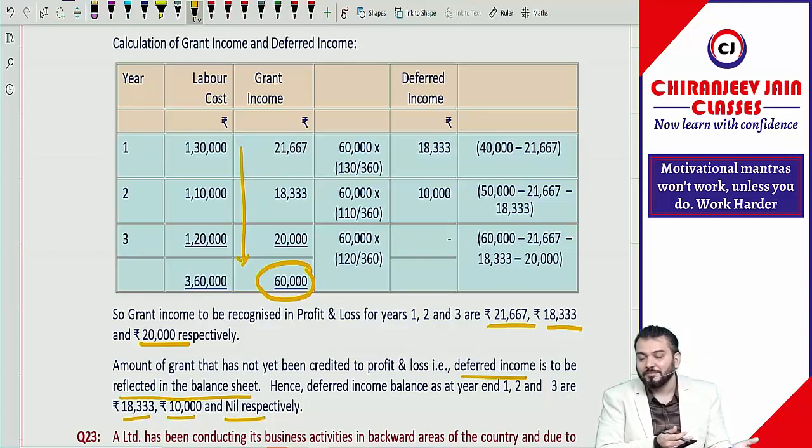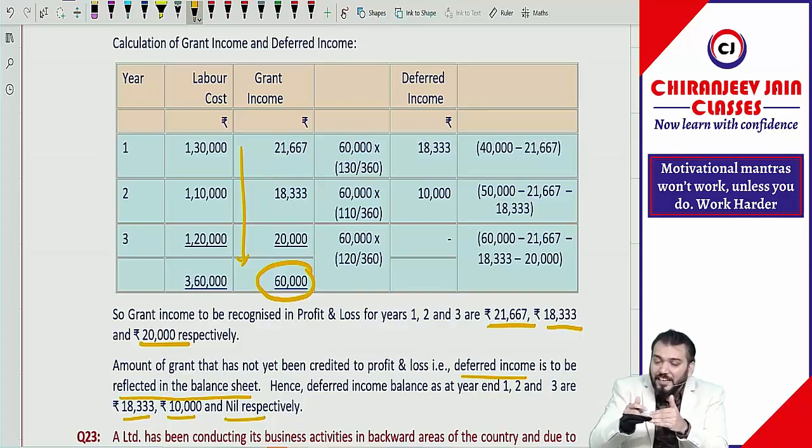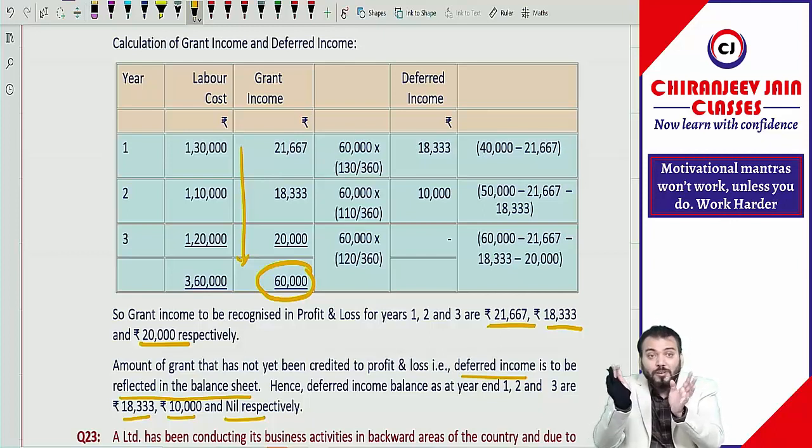Just try to know, what was the total grant over the 3 years? Total grant over the 3 years is 60,000, and for that you are incurring some cost.